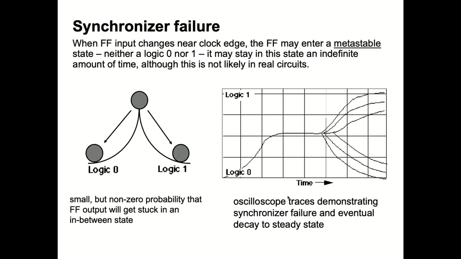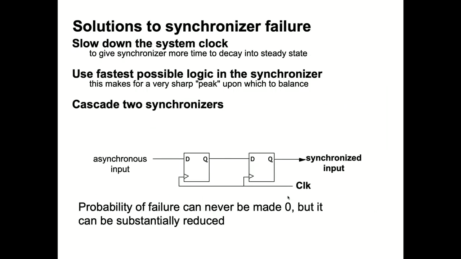There's no way to solve that. The way people deal with it is just have a chain of flip-flops. And if the first one's going to oscillate, hopefully it'll settle before the clock hits the second one, and so on. And so you reduce the chances of it creating a problem in your circuit. So all we do is add another one, and another one, and another one.